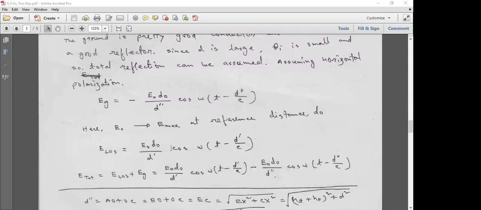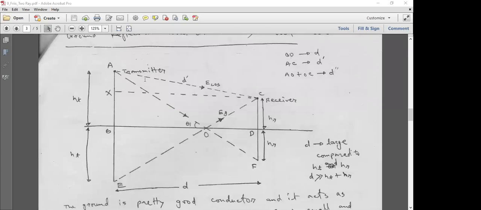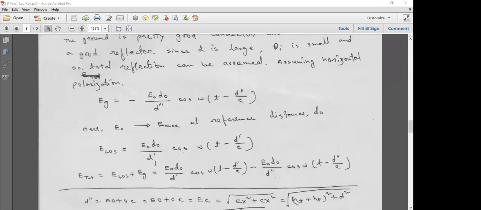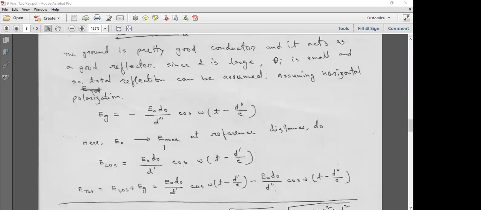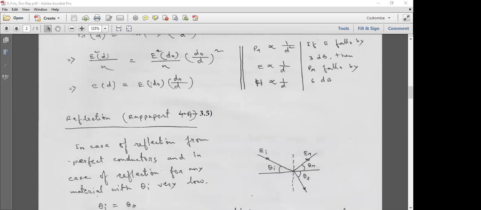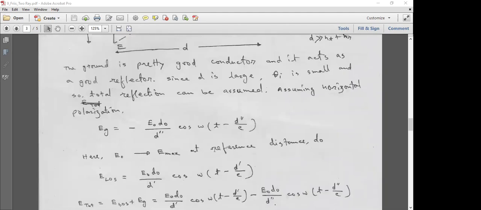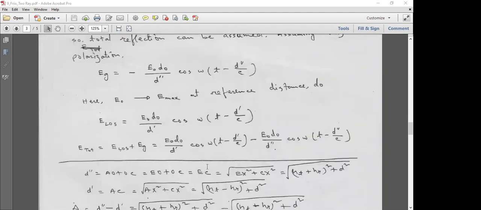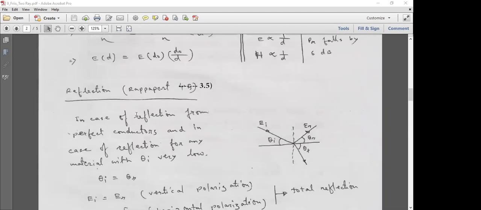Okay. So for ELOS, this is the direct component. Here we considered the electric field at a reference distance d naught. And then for your particular desired distance, it is shown this way. We can call it E naught, which is the E at the distance of d naught.